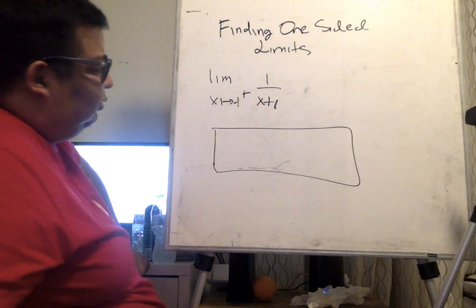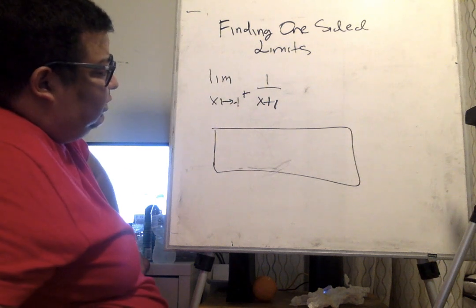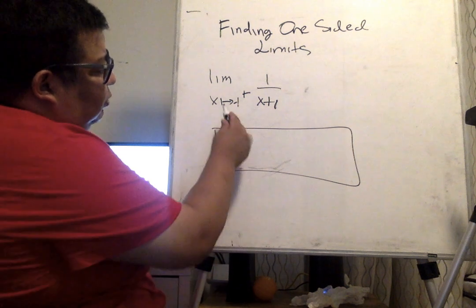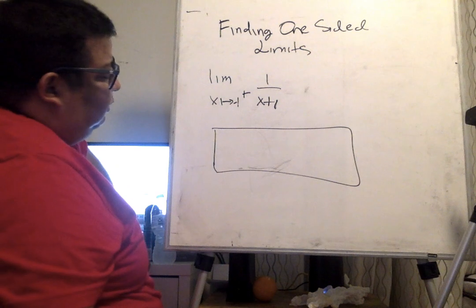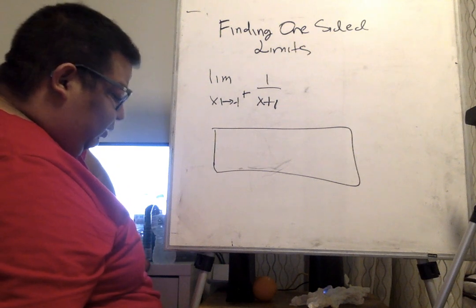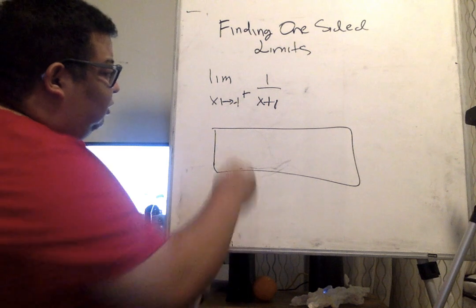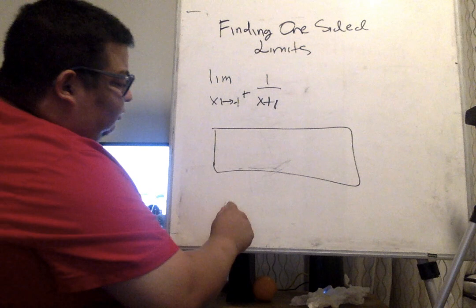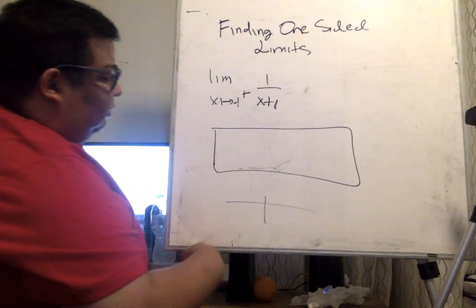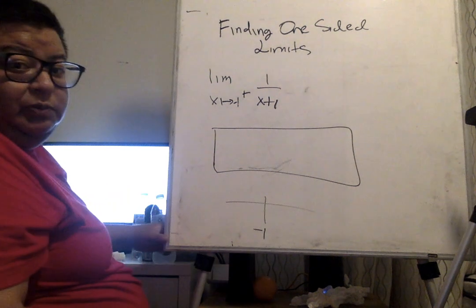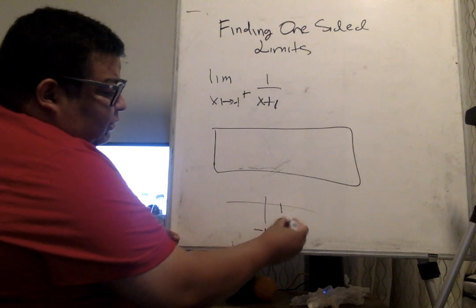Since we're approaching -1 from the right side, we're going to choose values coming from the right. On the number line, this is -1, and here is 0.